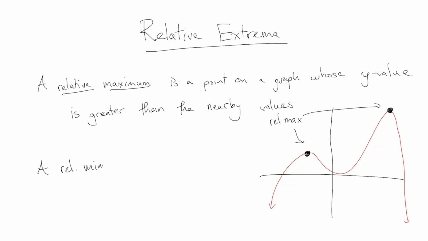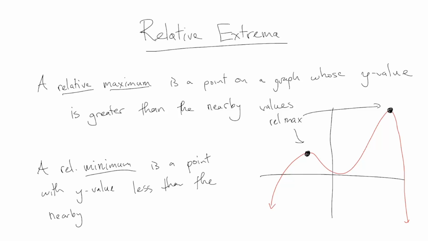A relative minimum is a point with y value less than the nearby values. And I see one such point on this graph. It's down there. This is a relative minimum.